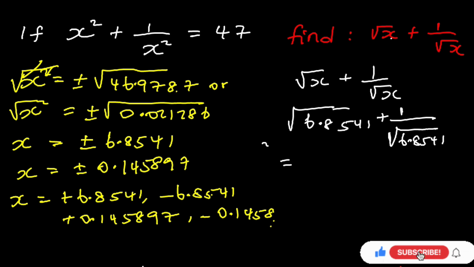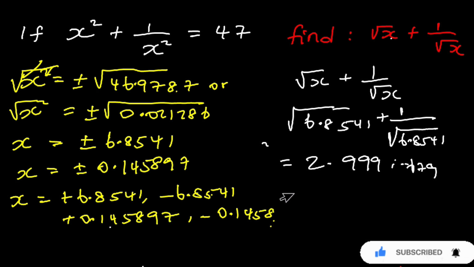If you do it, you have root 6.8541, then plus 1 over root 6.8541. This is going to be equal to 2.999 repeating, something like 2.99999 according to my calculator. So this is the value we get when we plug in 6.8541. So let's try for 0.145897.